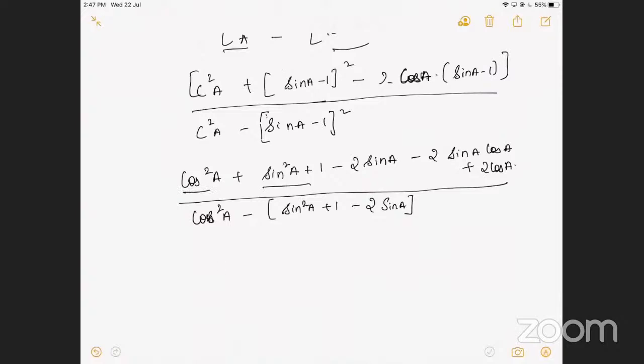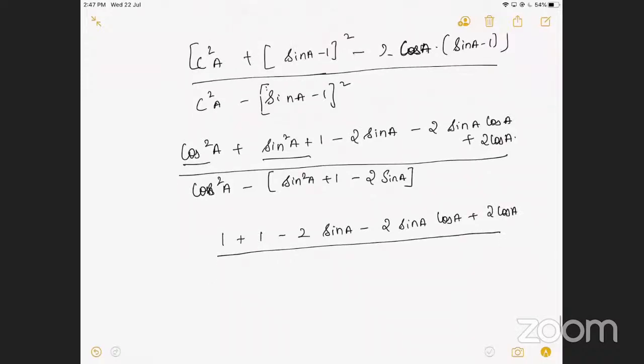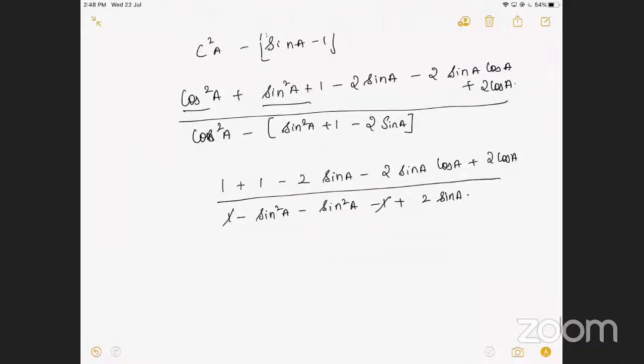So 1 plus 1 minus 2 sin A minus 2 sin A cos A plus 2 cos A, whole divided by. Let's write everything in terms of sin square A. So cos square A can be written as 1 minus sin square A, minus sin square A minus 1. This one cancelled.